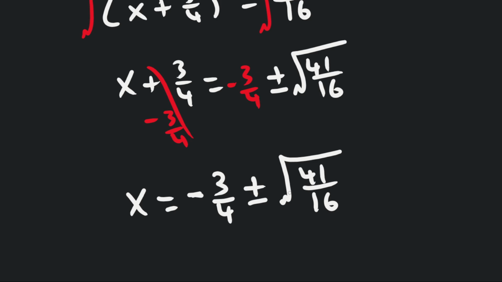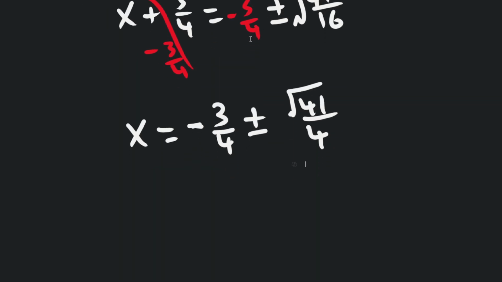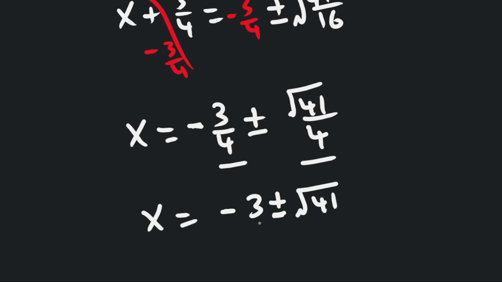Radical 41 over 16, we can rewrite as radical 41 over radical 16, according to the quotient rule for radicals. And radical 16 in the denominator is 4. And there we go. We can either leave it this way, or we can combine it, since now they both have the same denominator, to be negative 3 plus or minus radical 41 over 4.